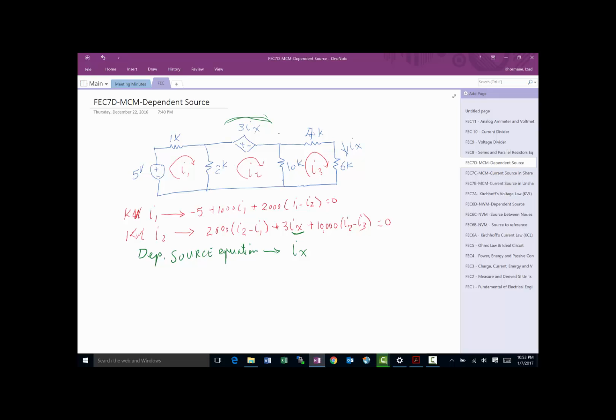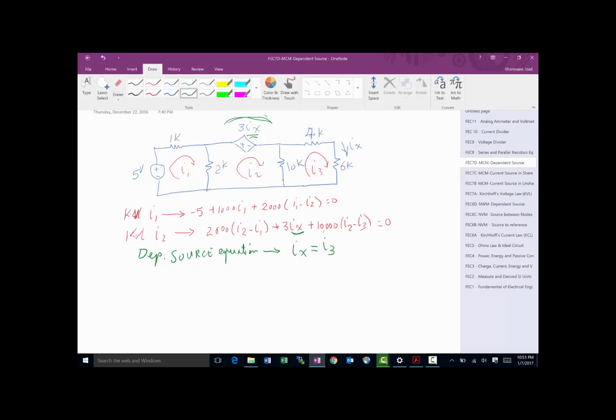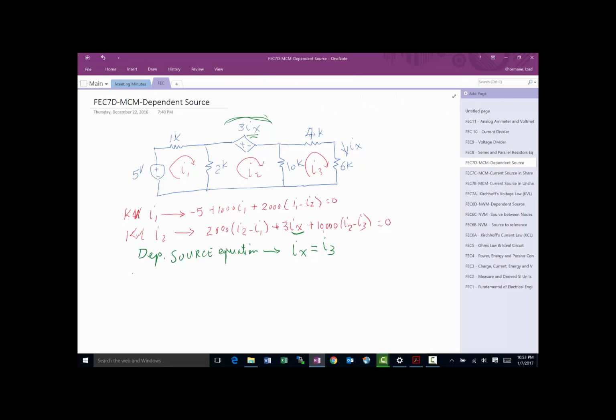So as we look at the circuit, they're telling us that the voltage across here is going to be 3 times Ix, and Ix is the value that runs here. So that's great. Ix in this particular case is simply equal to I3. So we got our equation, and finally we go back and start writing the last equation, which is KVL for I3.